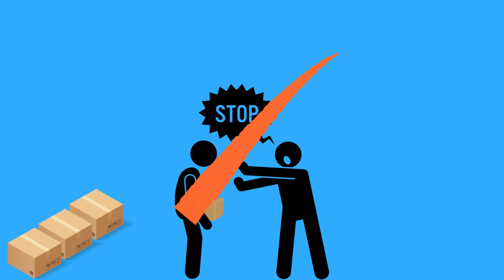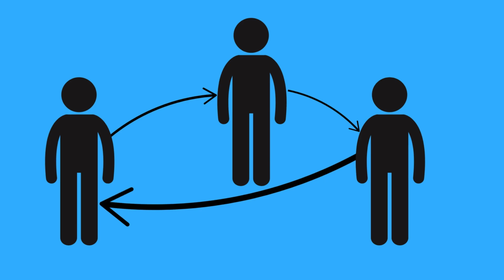Resources cannot be forcibly taken away from a process. Number 4. Circular wait. There exists a cycle of processes, each waiting for a resource held by the next in the cycle. If all four of these conditions are met, deadlock can occur. Understanding this helps in designing systems that can detect or prevent deadlock situations.